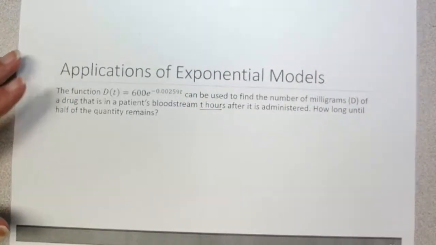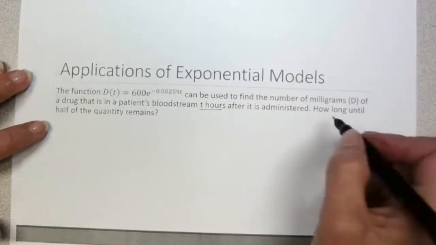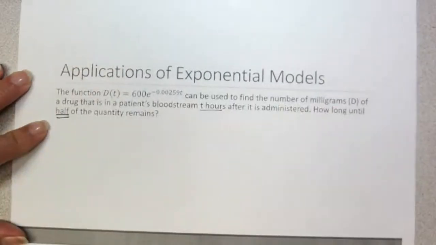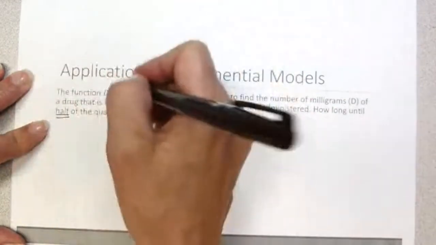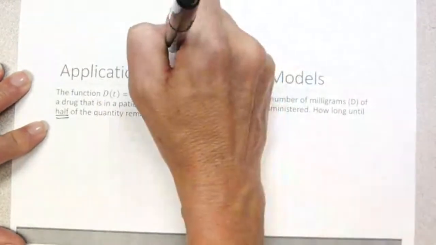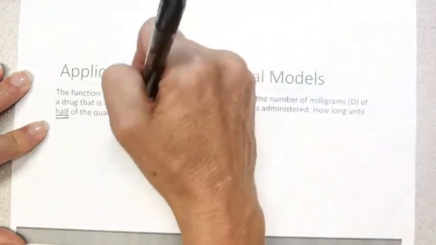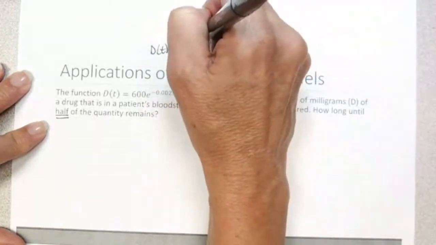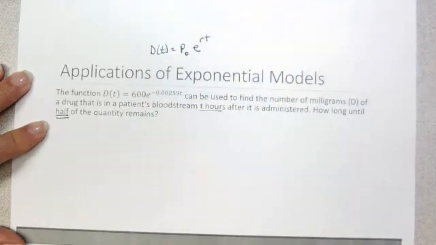Here's an interesting question. How long until half of the quantity remains? Well, remember our general form, d of t equals the initial amount, we're calling that p of 0, times e to the rt.